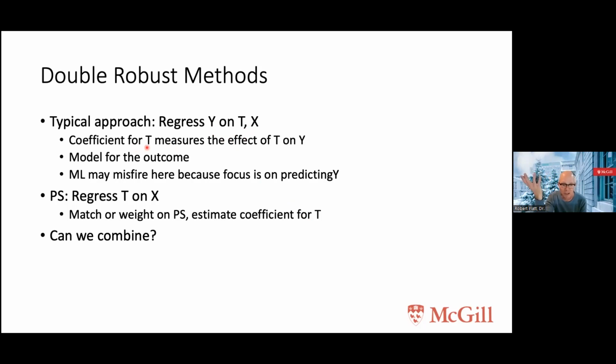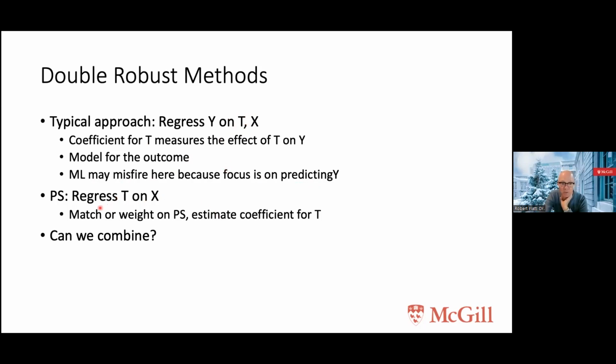We can do a logistic regression model, we get an odds ratio, everything is fine. Machine learning may misfire here because the focus of machine learning is on predicting Y. It's not on that coefficient for T, and that's a problem.